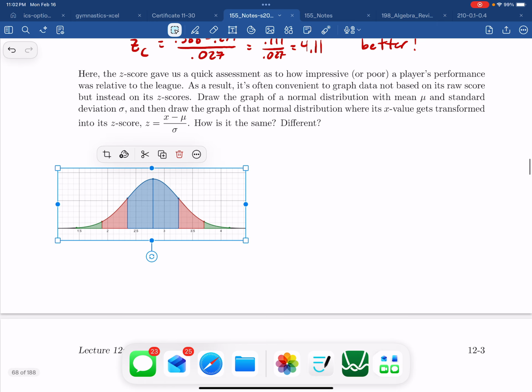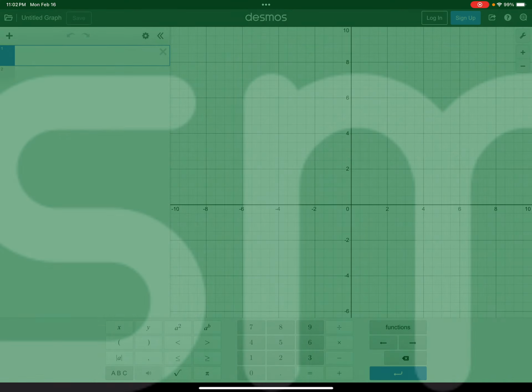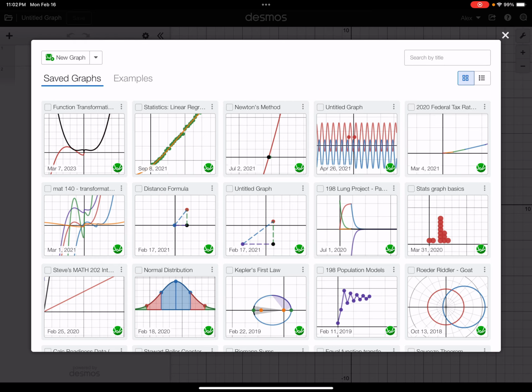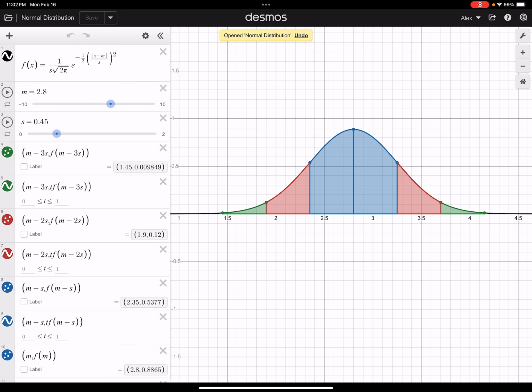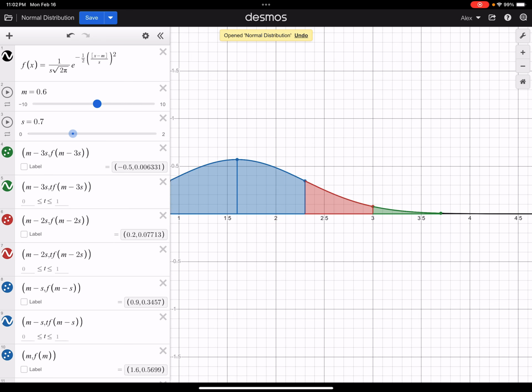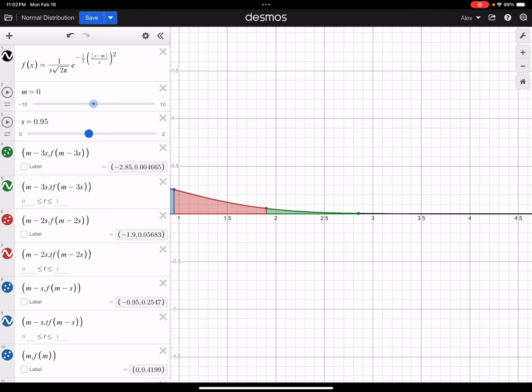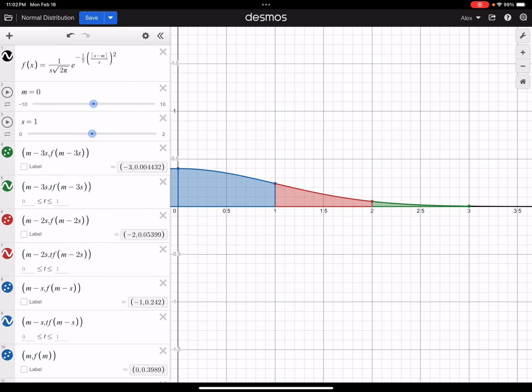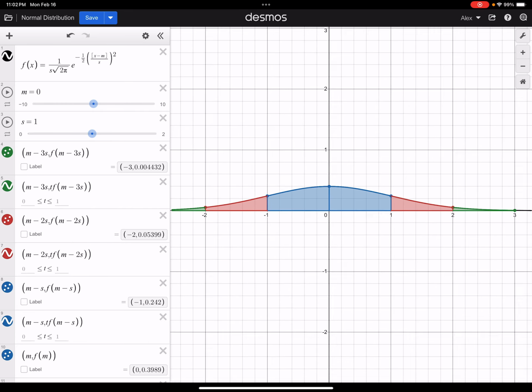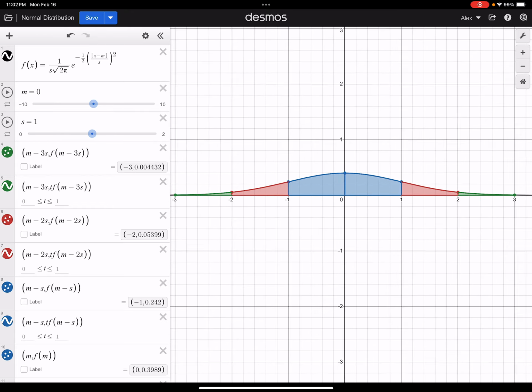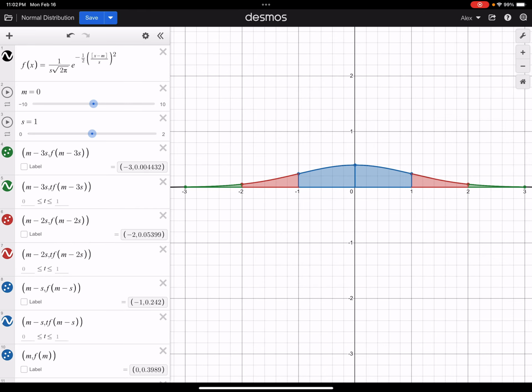And then let's see what happens if we go back into Desmos. Oh, I might have lost it. It's okay. Get it back open. And now what we're going to do is we're going to standardize things. We're going to let the mean equal 0 and the standard deviation be equal to 1. Okay. So now we have something that's a little more spread out, for sure, just in our case.